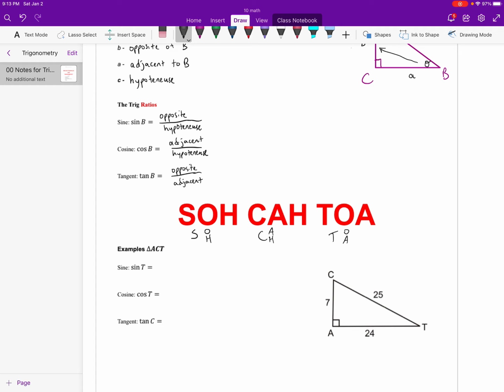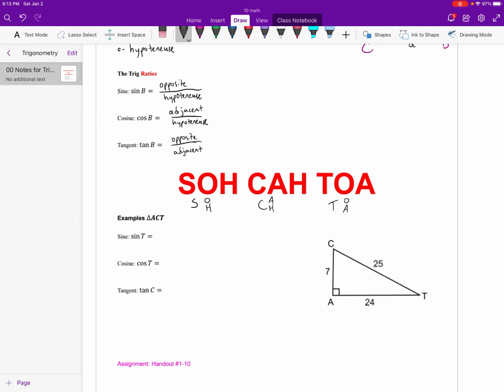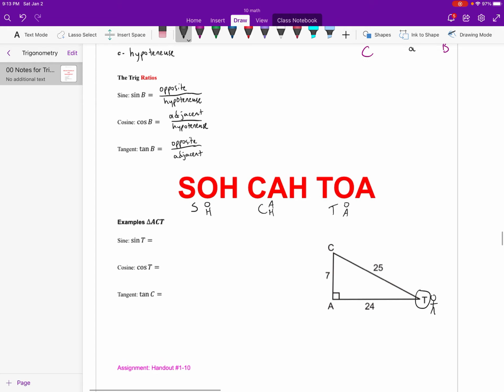So let's try this out with triangle ACT. Okay, so if we're looking at the sine value of angle T, so we're looking right here at angle T. This is our unknown angle. I'm going to draw a stick person right here, okay? And sine, remember, is defined as opposite over hypotenuse. Remember that was the definition we used right up there.